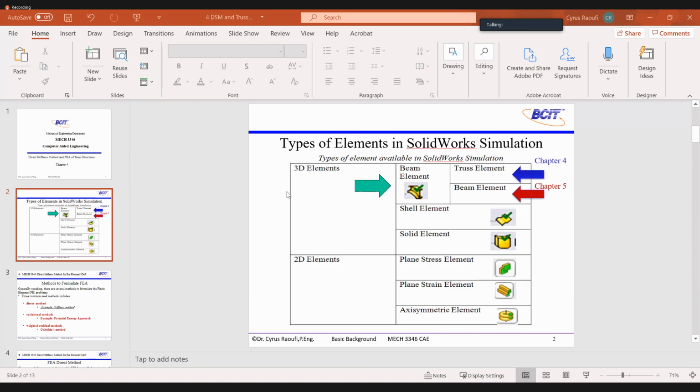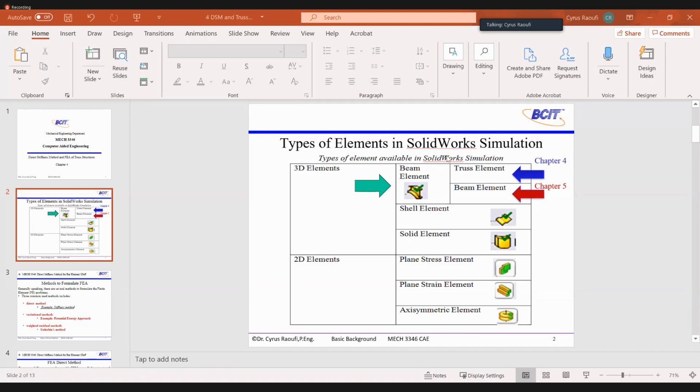If you remember from the beginning, we said SolidWorks is offering different types of element in SolidWorks simulation. We have 3D elements, and we have beam elements, we have shell elements, and we have solid elements. Then the beam element itself, we can categorize into truss element and beam element.